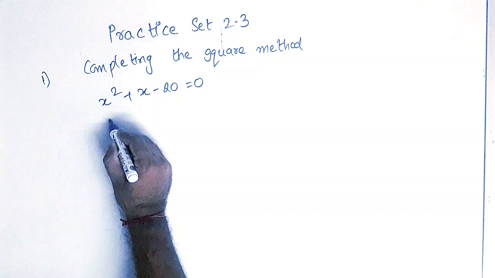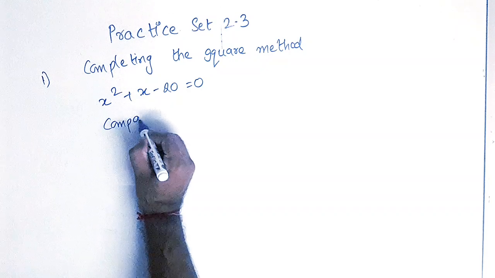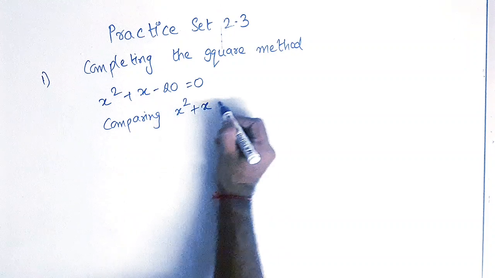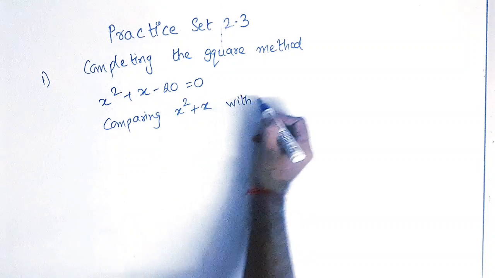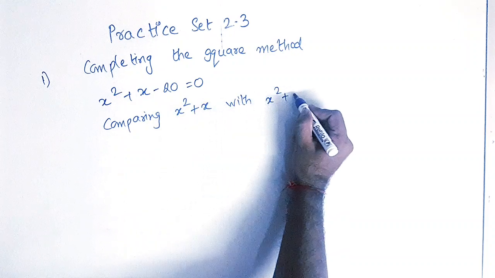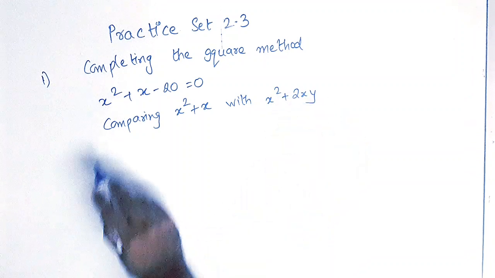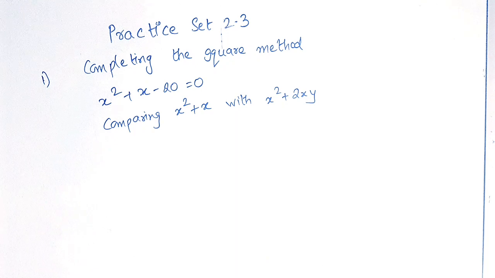Okay, so comparing x square plus x with x square plus 2xy. So the first two terms you will be comparing with x square plus 2xy. Why we are doing this, you will come to know when we complete the sum.